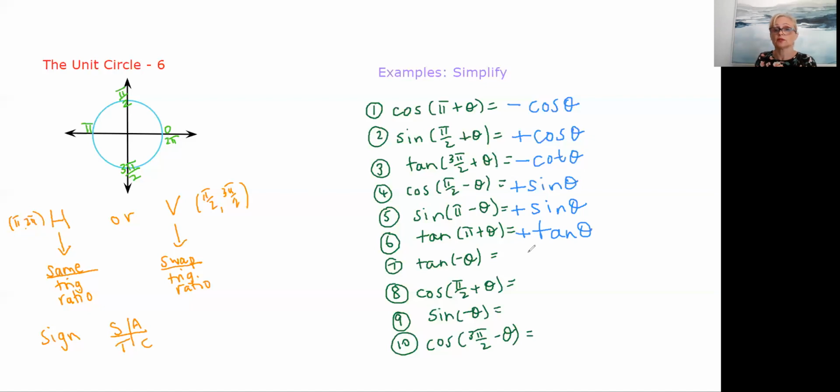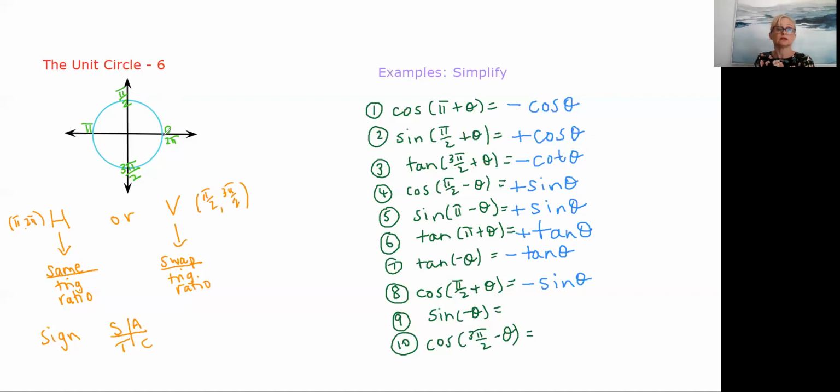It's horizontal, so it's going to stay as tan. We're in the 4th quadrant and tan is negative there. Cos of pi on 2 plus theta, horizontal or vertical? It's vertical. So it will become sine of theta. Is cos positive or negative in this second quadrant? It's negative.